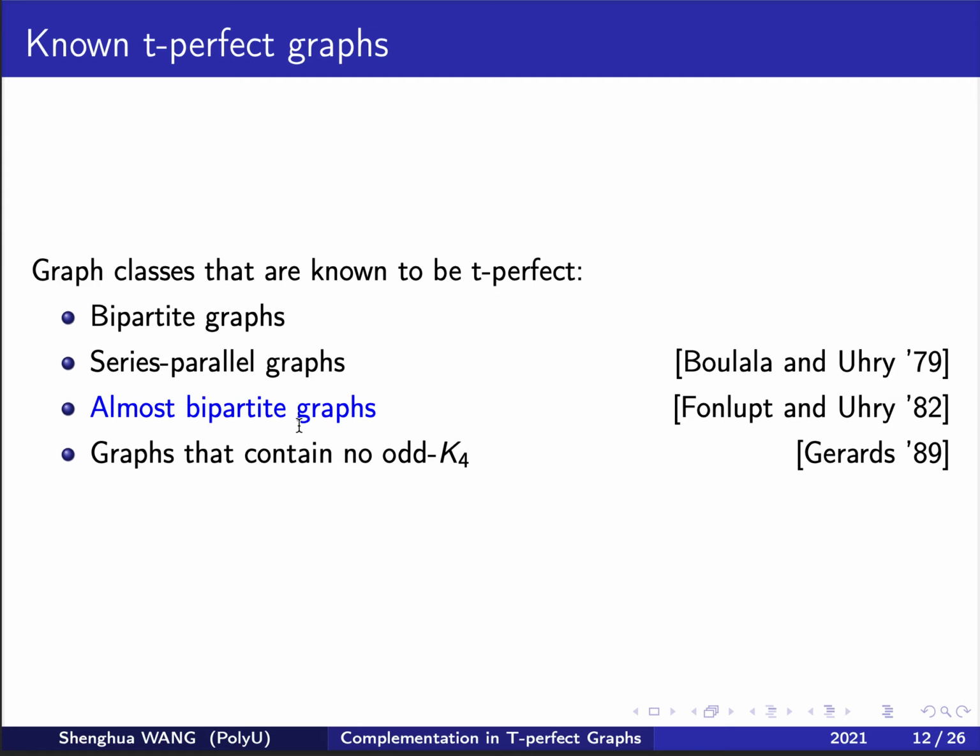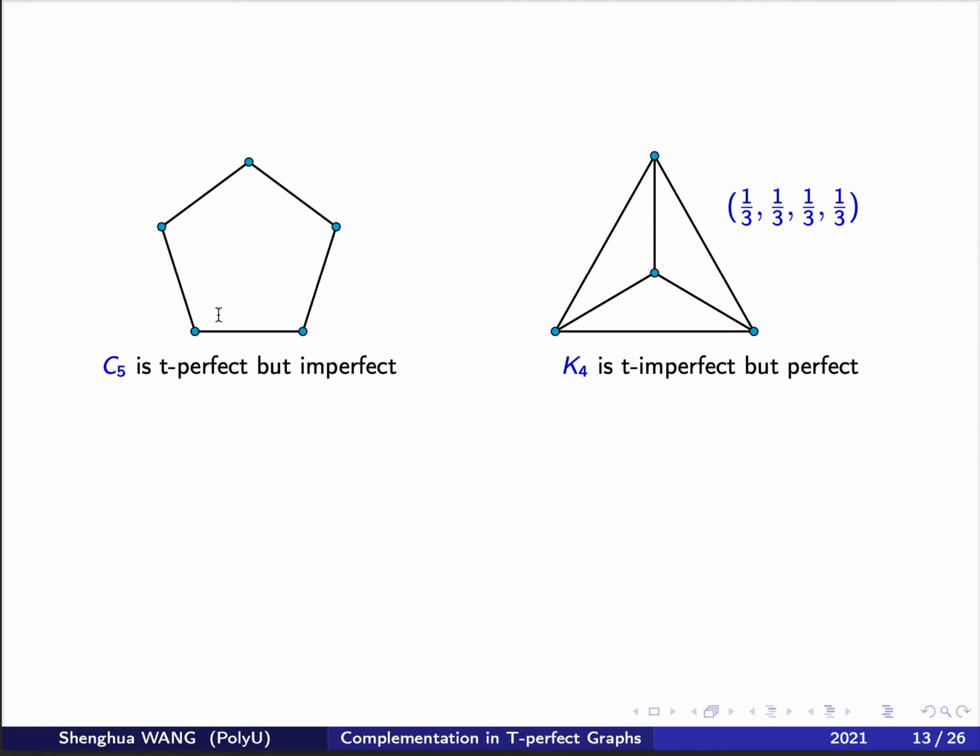A graph is almost bipartite if it is not bipartite itself, but if we remove any vertex from the graph, the remaining graph will be bipartite. For example, this 5-cycle is almost bipartite, since if we remove any vertex from this 5-cycle, we get a bipartite graph. Therefore, the 5-cycle is t-perfect. But due to the strong perfect graph theorem, we know that it is not perfect. Also by applying the strong perfect graph theorem, we know K4 is perfect.